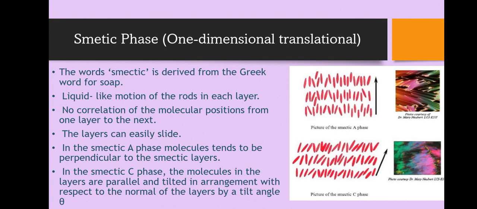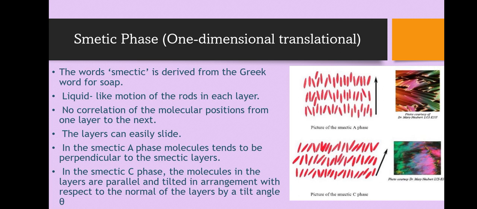Next is the smectic phase. The smectic phase is a one-dimensional translational phase. The word smectic also comes from the Greek word which means soap. It has a liquid-like motion of the rods in each layer. In this figure, there is a picture of two phases, smectic A phase and smectic C phase.